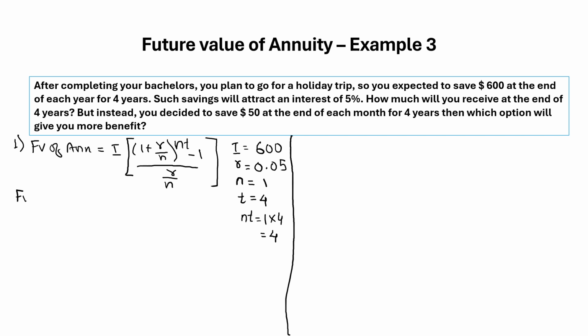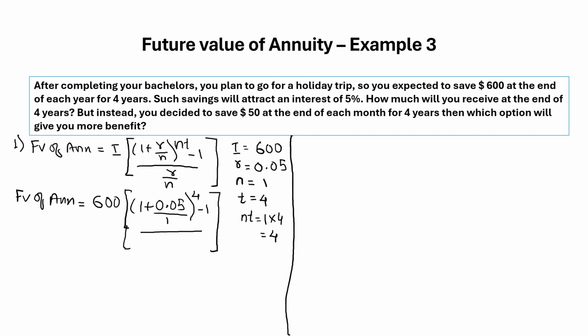So my future value of annuity is equal to 600 into bracket 1 plus 0.05 divided by N. N is 1. NT is 4 minus 1. Close the bracket. Divide by, what is our rate of interest? 0.05 divided by 1.